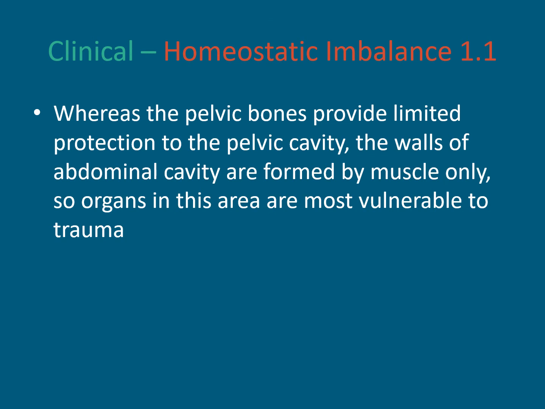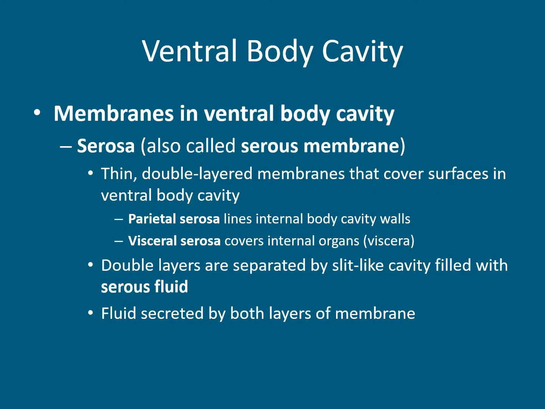You want to be able to protect the heart, protect the brain. The pelvic bones do give some protection, your hip, to some of that pelvic cavity, but as I said, the abdominal organs are going to be a little more susceptible to any type of trauma.